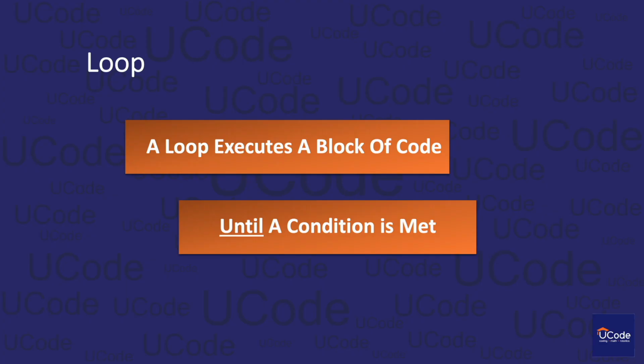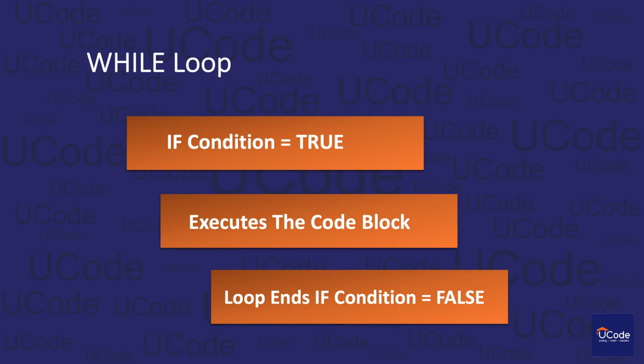But first, let's review the previous lesson. In the last lesson, we introduced loops, ways to repeatedly execute a block of code until a condition is satisfied. While loops are used to execute a block of statements repeatedly until a given condition is satisfied. And when the condition becomes false, the line immediately after the loop in the program is executed.